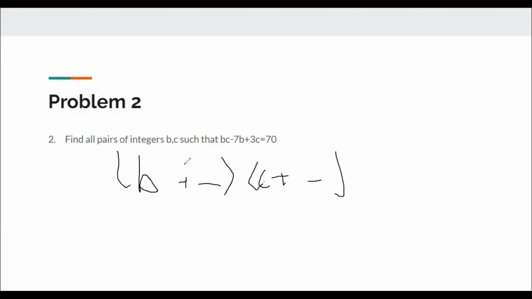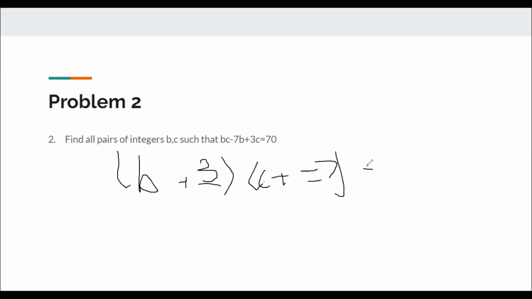So first you look at this. What's going to be this constant? Since you want the coefficient in front of the c to be 3, you want this to be 3. And you want the coefficient in front of the b to be -7, so this should be -7. So it's going to become bc plus 3c minus 21 and then minus 7b.